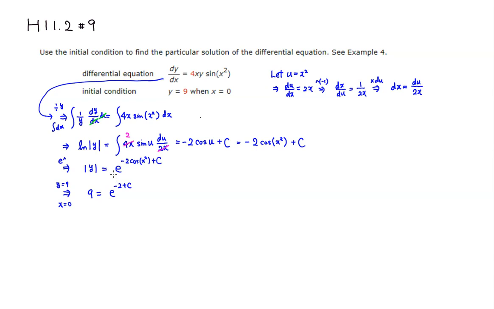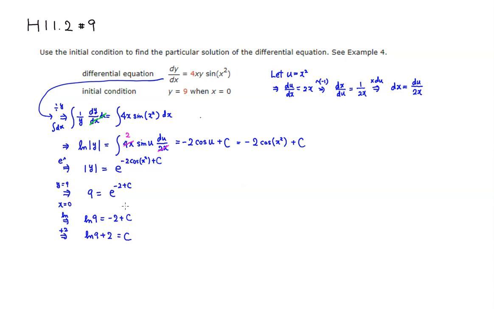Then we can solve for c. Take the natural log of both sides, so the natural log of 9 is equal to negative 2 plus c. Then c is simply adding 2, so natural log of 9 plus 2 is equal to c.